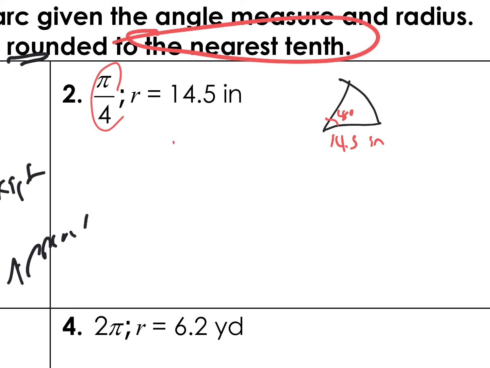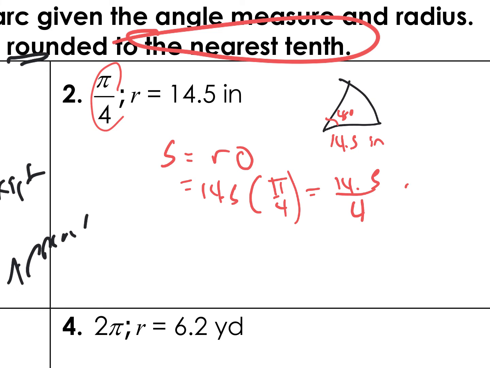So S is equal to rho, R-O, not the Greek symbol rho. That would be 14.5 times the angle. I have to keep it in pi over 4. Unfortunately, I can't do any of this in my head. If you want to look at it, it's 14.5 divided by 4 times pi.